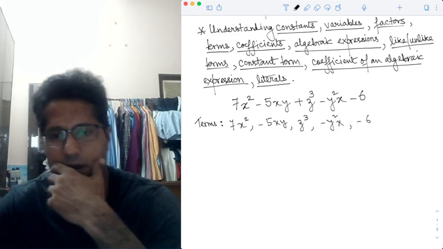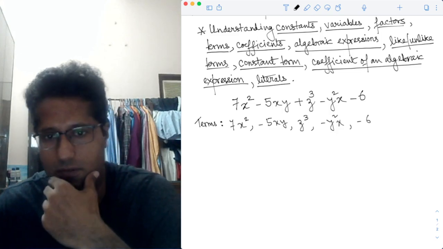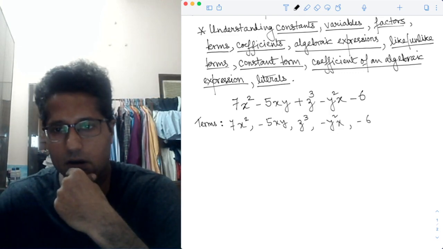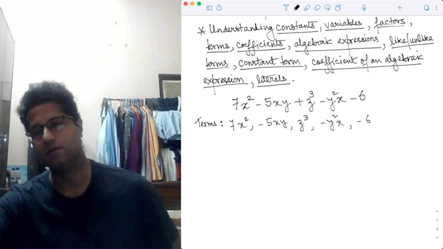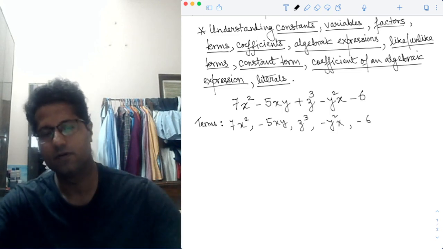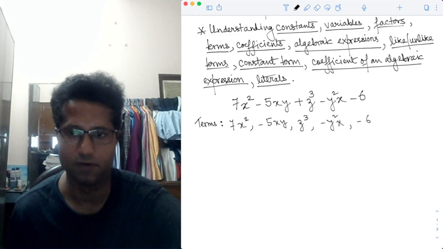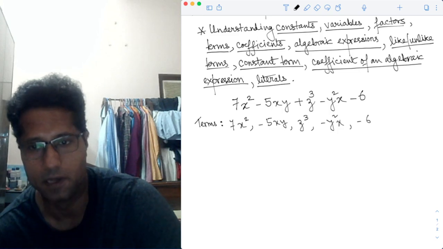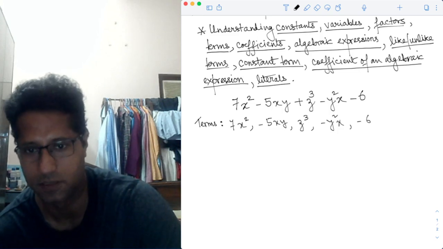So you know that an algebraic expression is fundamentally an expression that is a combination of some constants and variables combined together with the mathematical operators plus, minus, division and multiplication.